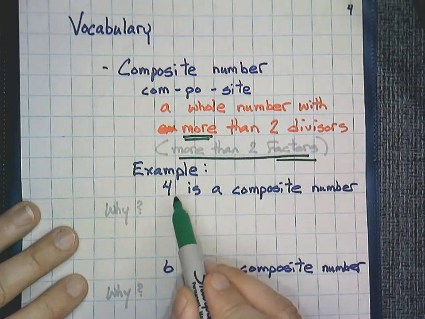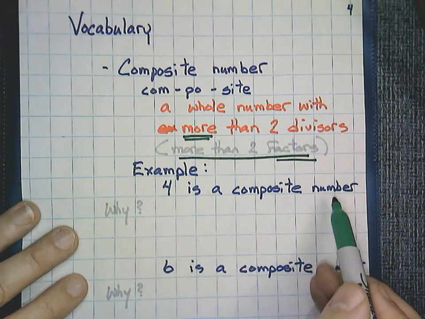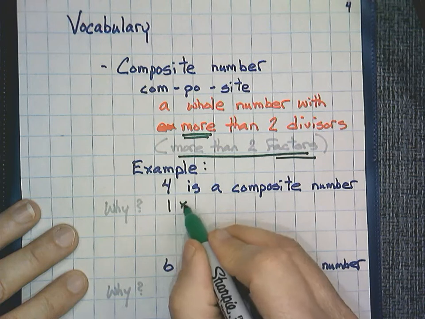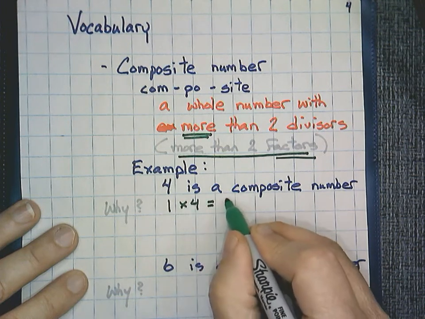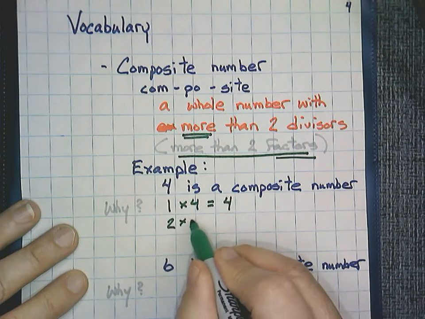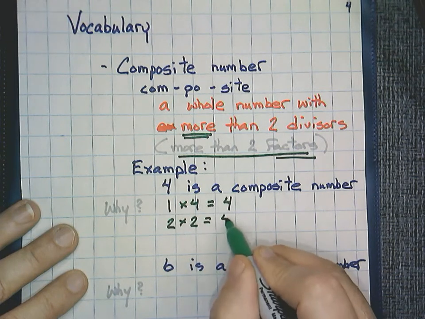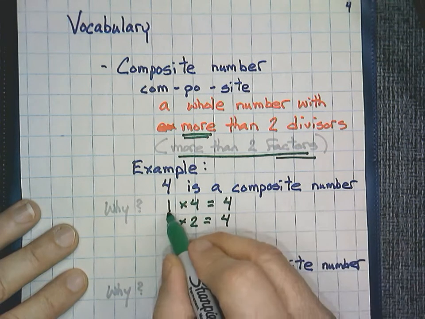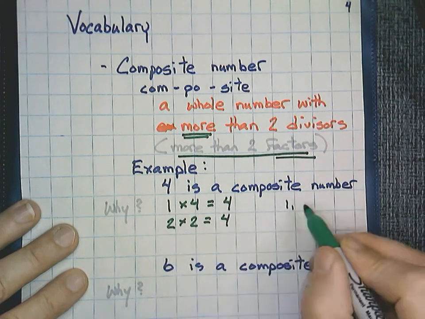For example, 4 is a composite number. Well, why? 1 times 4 equals 4, but so does 2 times 2. If I had to list my factors, I would list 1, 2.